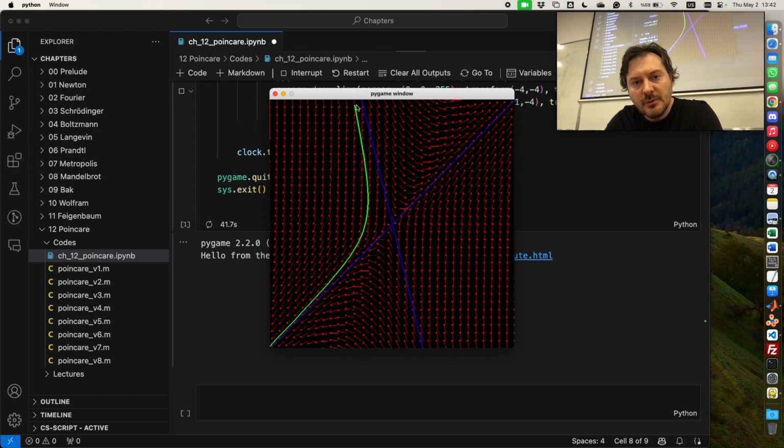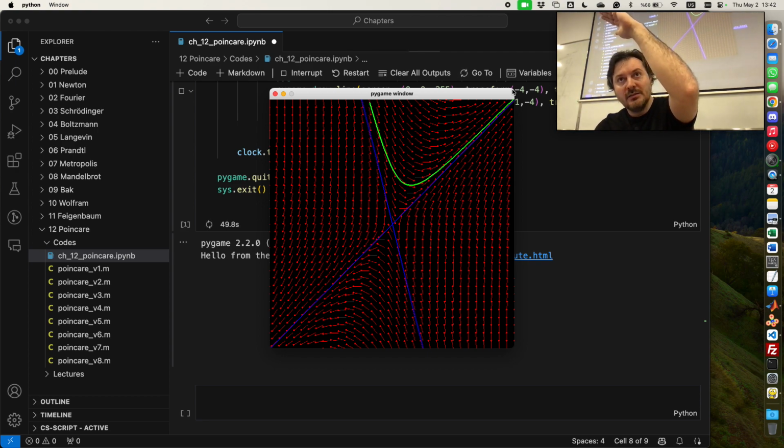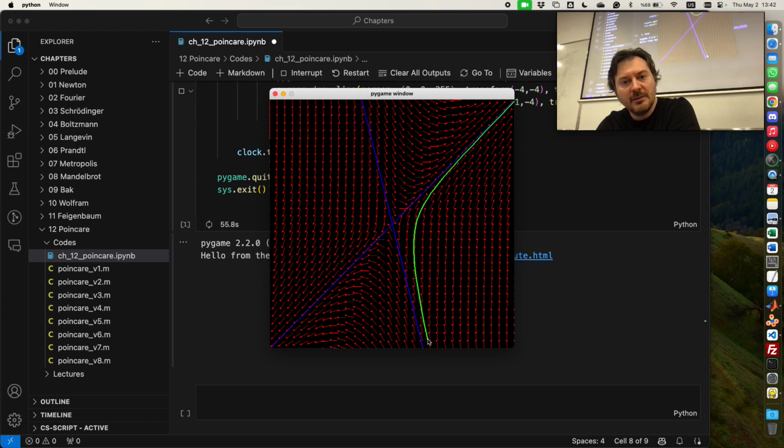In either case, you end up on the (1, 1) line. If you start on the right-hand side of this line, you end up at plus infinity, plus infinity. If you start on the left-hand side, you end up at minus infinity, minus infinity.